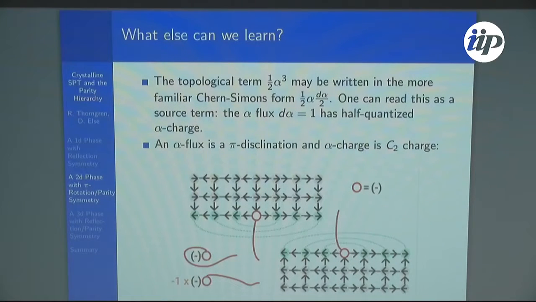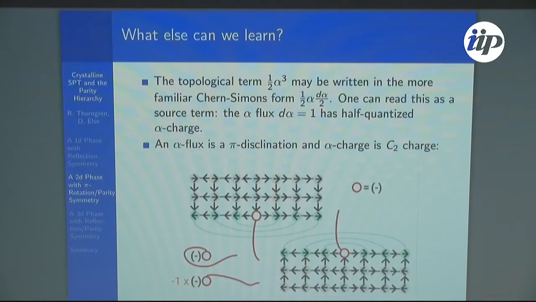There's the cool thing in this phase where this term alpha cubed can actually be written in a more familiar, maybe Chern-Simons form, alpha d alpha. And this form is read as saying that the alpha flux has half-quantized alpha charge.